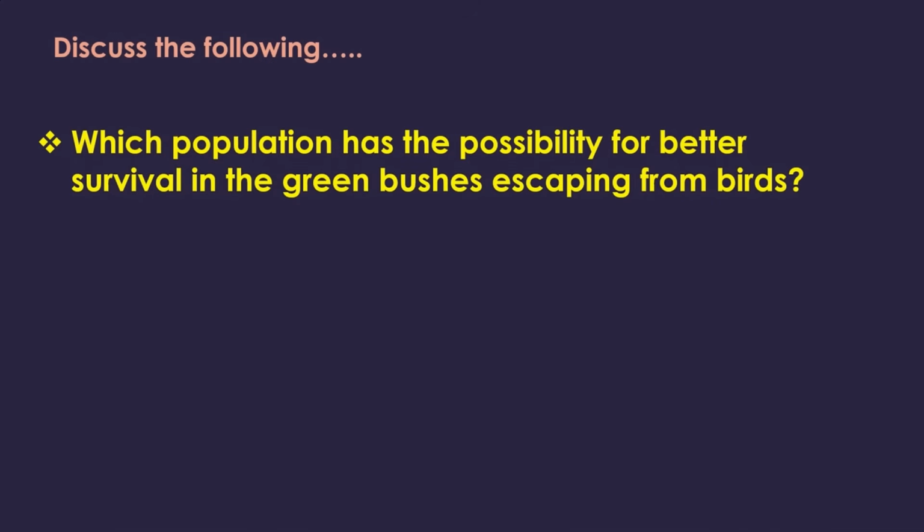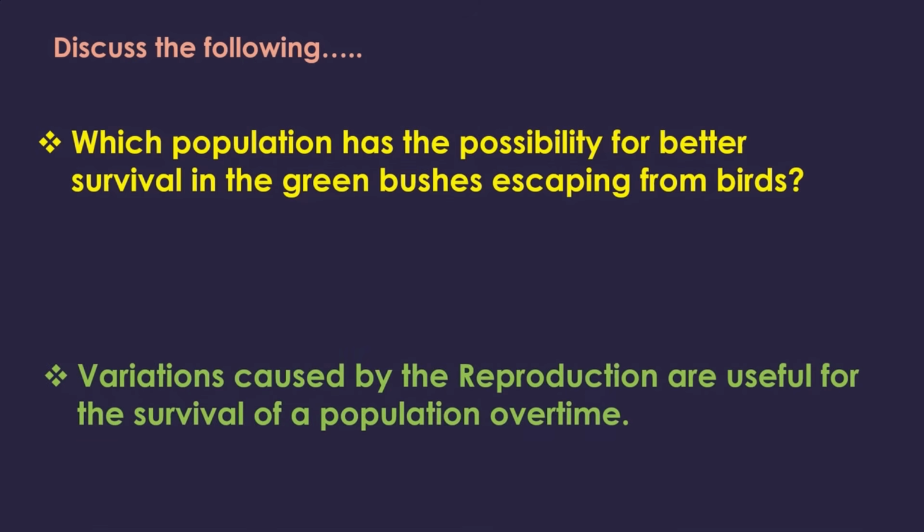Now, make them recall the same example of the bushes and the beetles. There are 3 colors of beetles within the bushes, right? Among these 3 colors, red, green or blue, which has more possibility for survival in the green bushes, escaping from the birds?